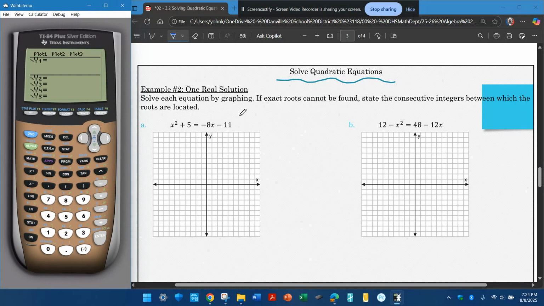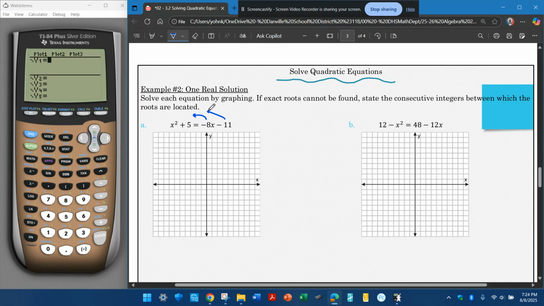So we need to do some shuffling from side to side. We need to bring the negative 8x over to the other side. We need to bring the 11 over. So we're going to have x squared, bring the 8x over, so plus 8x. And then we're going to add 11 to both sides, so that's going to give me plus 16 equals 0.